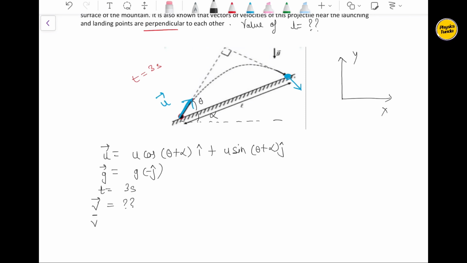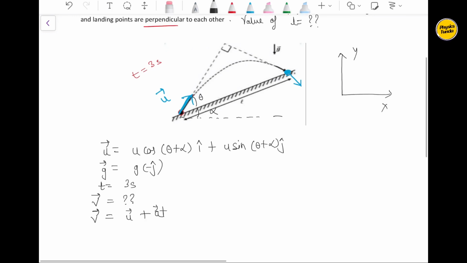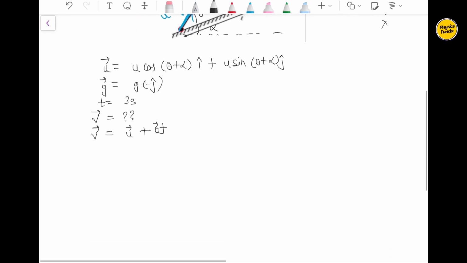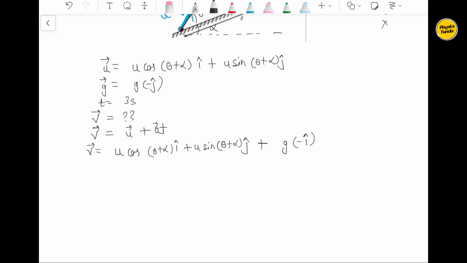We know this formula: velocity vector is equal to u vector plus a vector times t, from the equation of motion. So my v vector can be written as u cos(theta plus alpha) i cap plus u sin(theta plus alpha) j cap, plus the a vector, that is acceleration due to gravity, which can be written as g times minus j cap times t, right?